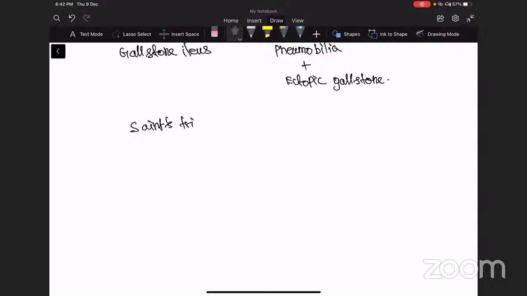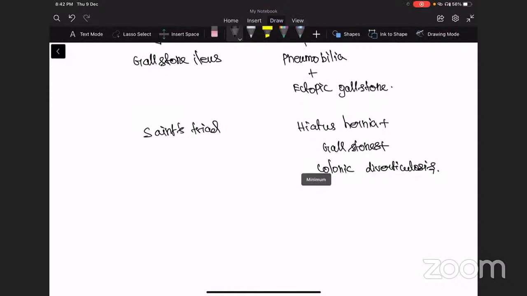Then we have Saint's triad. It is hiatus hernia with gallstones, with colonic diverticulosis. Very important, Saint's triad and Rigler's triad in surgery, very important.